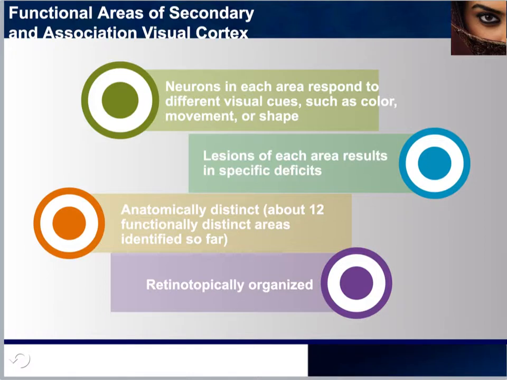And last, the most important takeaway is that our visual system is retinotopically organized, meaning that whatever areas are stimulated in our retina will be seen in the geniculate and at the striate cortex in a similar fashion, and they will remain parallel.